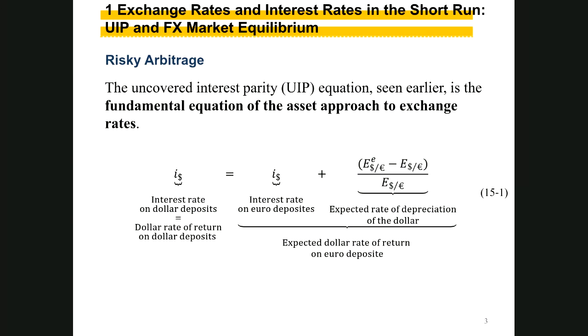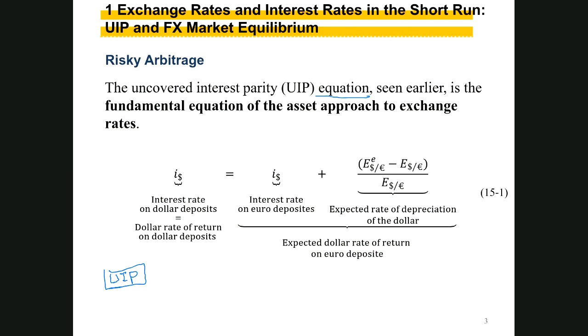So, this is the uncovered interest parity equation. But this is in the approximation form, right? Remember what the UIP looks like originally. What is the background? What is the story that we use to derive UIP? That's the monetary model.